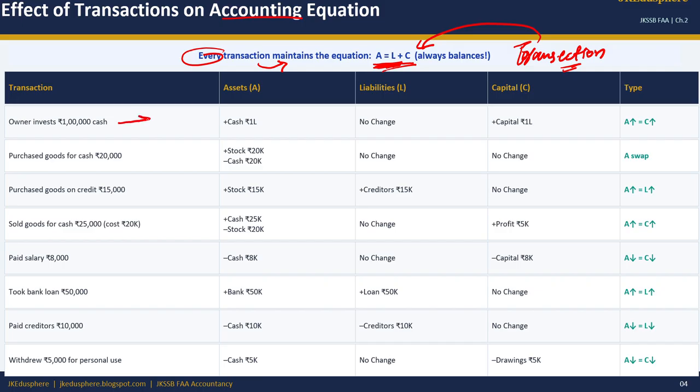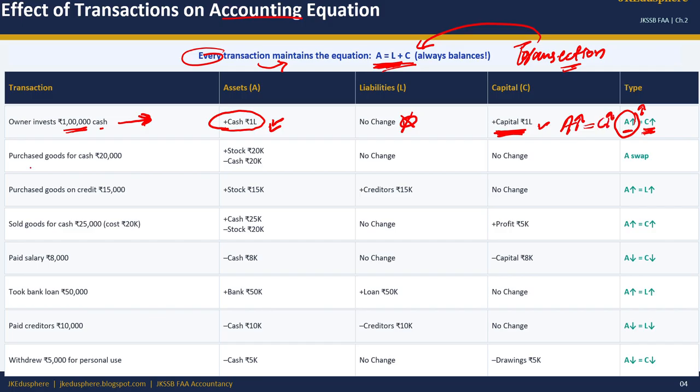The owner invests 1 lakh cash in the business. So we get an asset of 1 lakh. Liabilities, we have not taken any loan, so no loan. Capital also gets added by 1 lakh. So whenever an asset is increased, capital increases. We have to remember this.